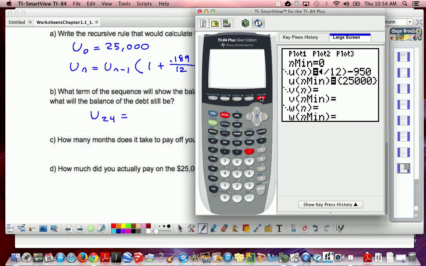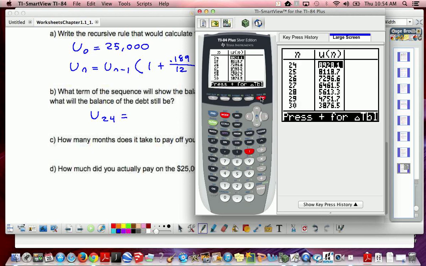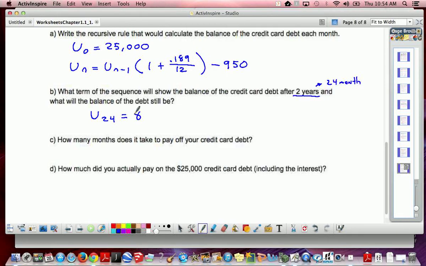So if I go back to my table, that's interesting. Okay, I was wondering why that wasn't showing up. So I still have left here $8,928.08. So I still owe $8,000 after 24 months.